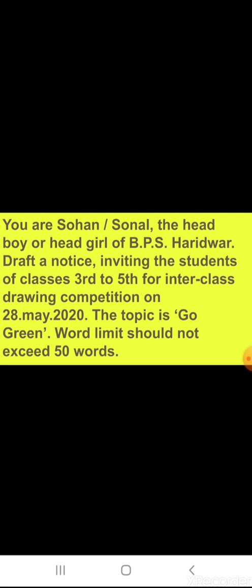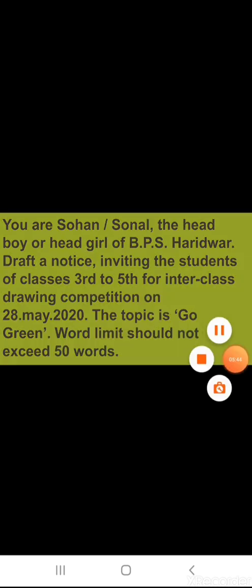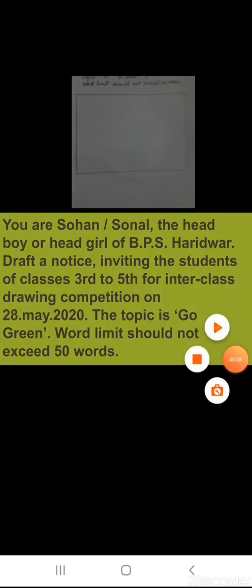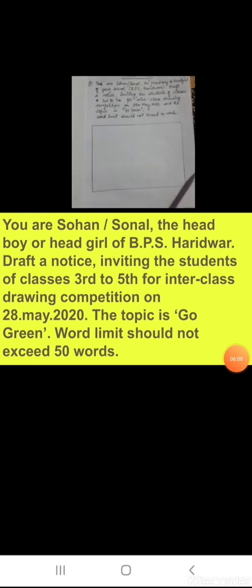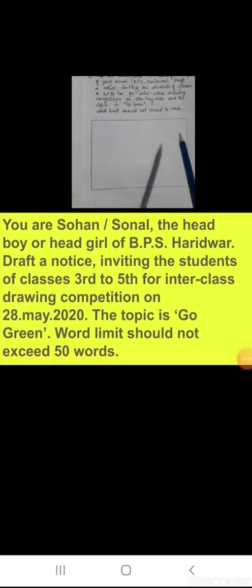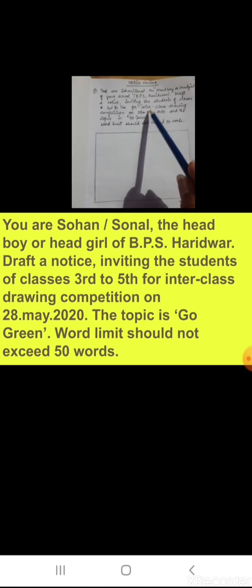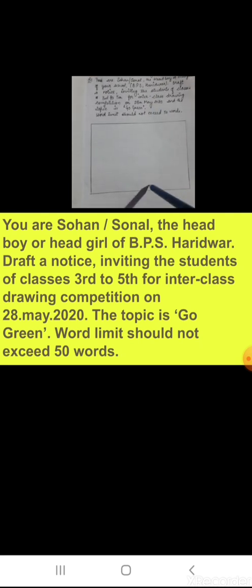After writing the question, you have to draw a box. Yes, children, all have written the question. Now, just quickly see the format of the notice. Yes, children, have you drawn a box? After writing the question, you have to draw a box.